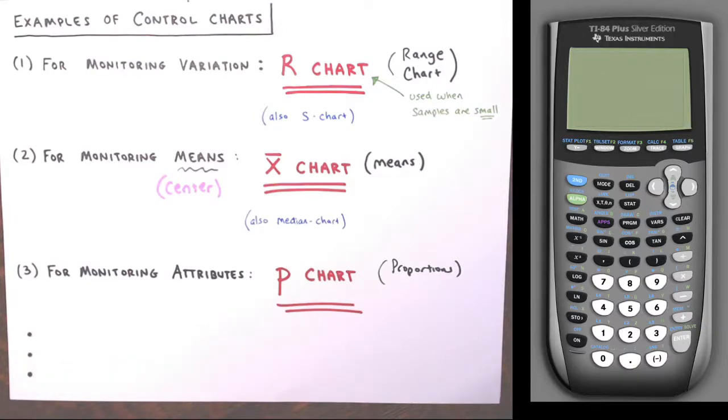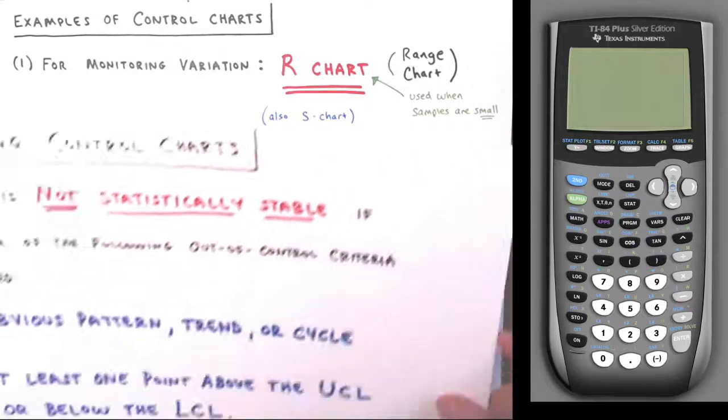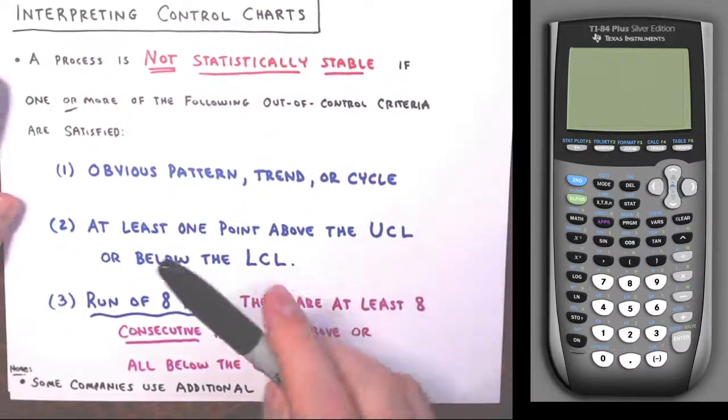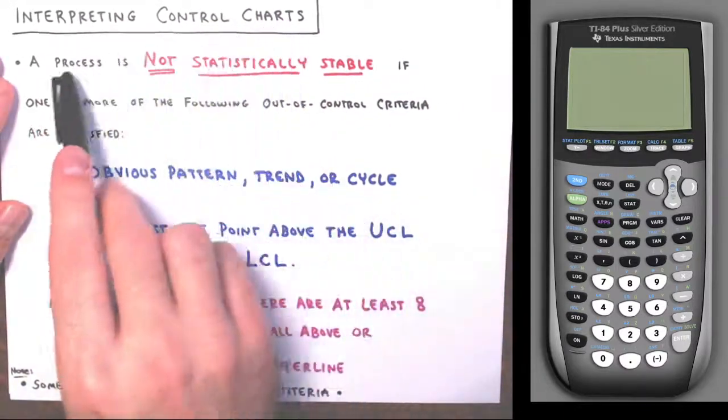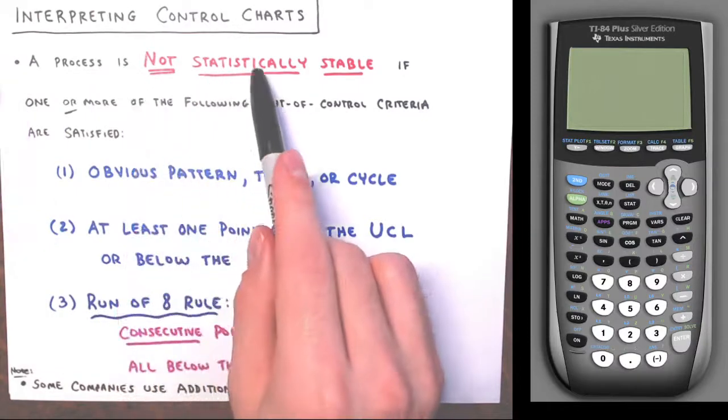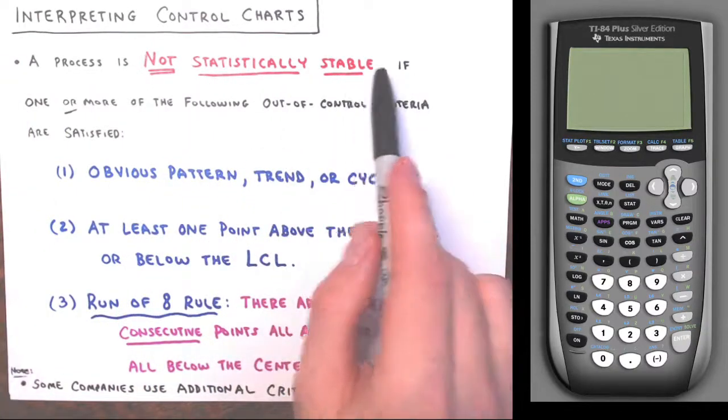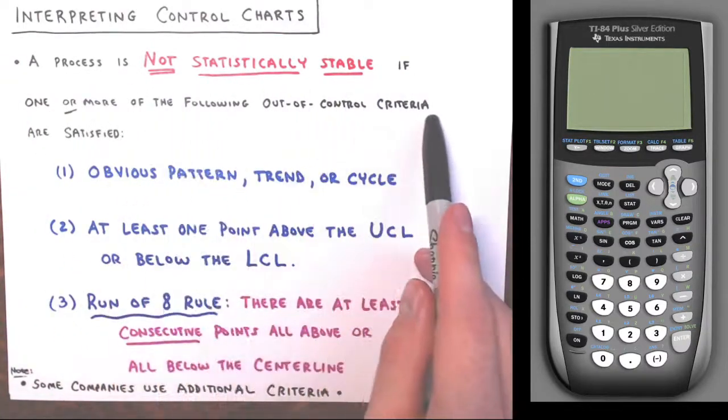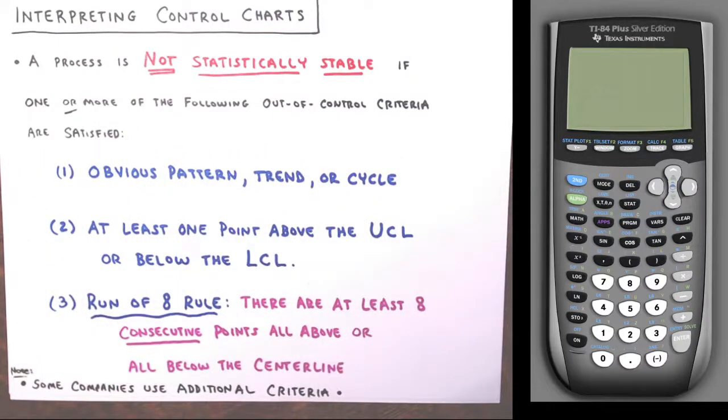Alright, so how do we read or interpret a control chart in order to determine if a process is stable or not? So, interpreting control charts: a process is not statistically stable if one or more of the following out of control criteria are satisfied.